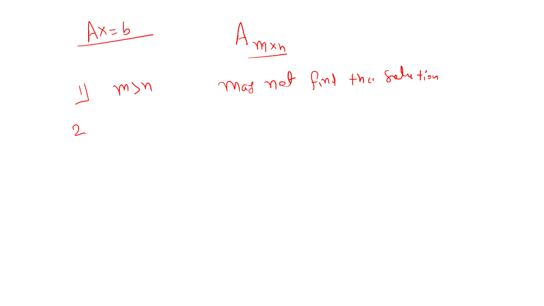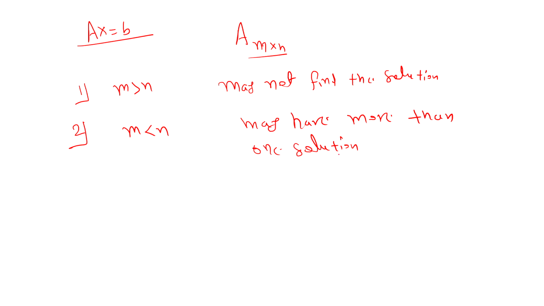The second point is that if m is less than n, then we may have more than one solution. So this system will not have a unique solution.